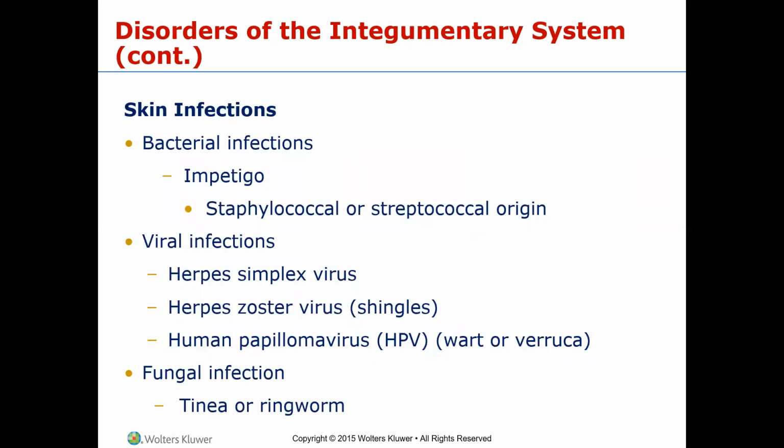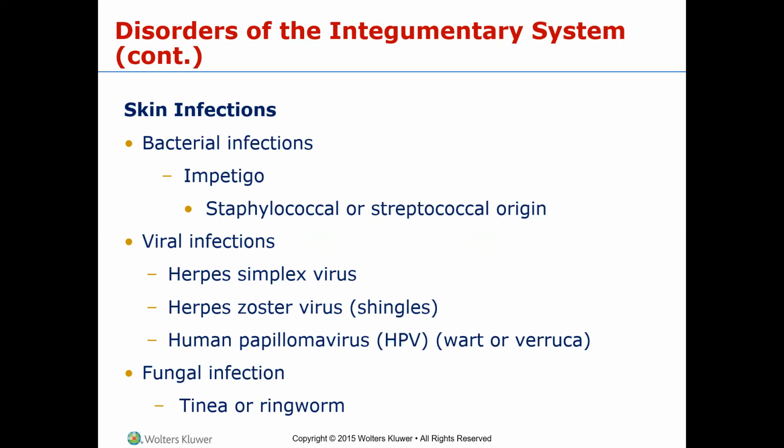Skin infections, there is impetigo, which is very serious in infants and newborns. It's caused by bacteria. Then we have some other skin infections that are viral in nature. Herpes simplex, you can have herpes simplex type 1, which is for the mouth. You get like a cold sore. And then you have herpes simplex type 2, which affects the genital area.